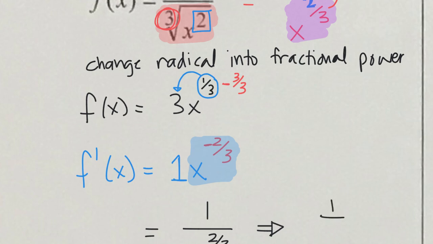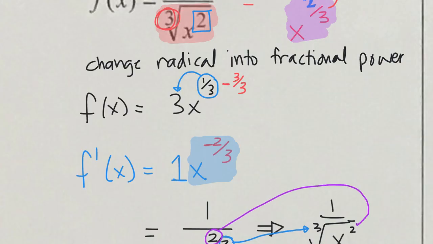So this is once again the 3rd root of x squared. Okay, remember the denominator is your root. So it has a 3 in the denominator, so that's your root. And it has a 2 in the numerator, that is your exponent for your radical.